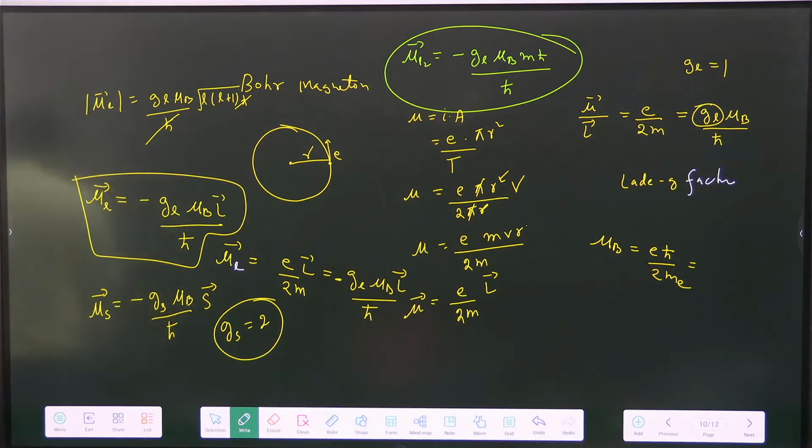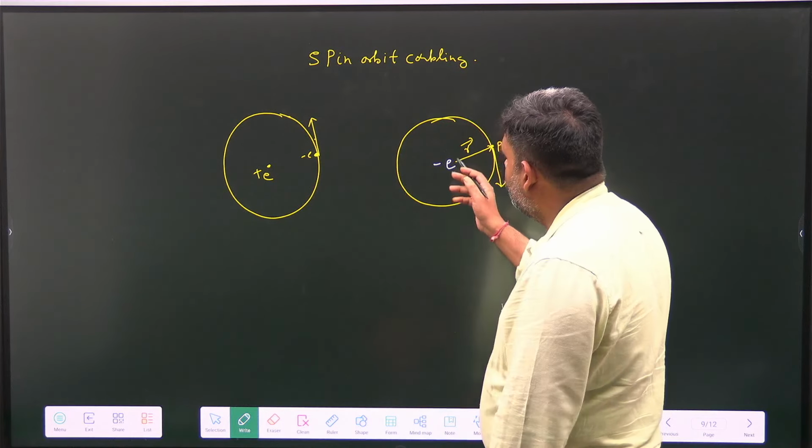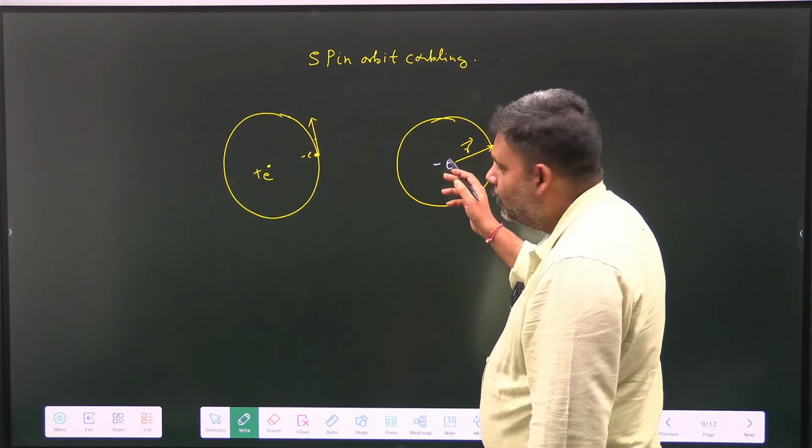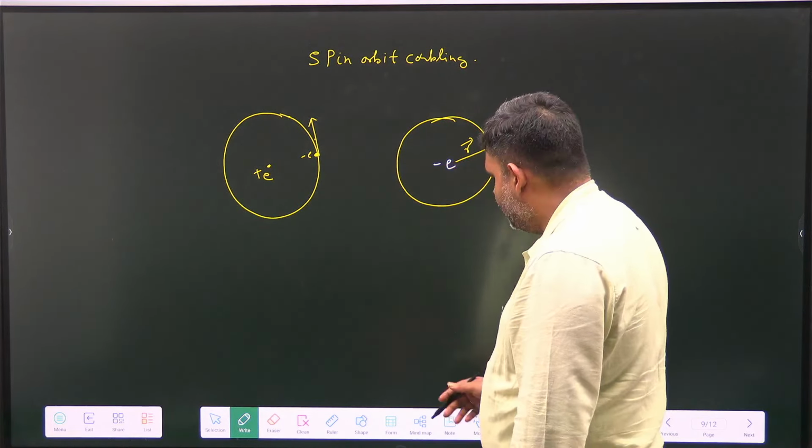Now come to this picture. Now what is going to happen? This is my condition from the inertial frame of reference. Means if we are sitting on the nucleus, then we will see this kind of situation. But here we want to see what will happen to your electron, due to the motion of this particular proton.